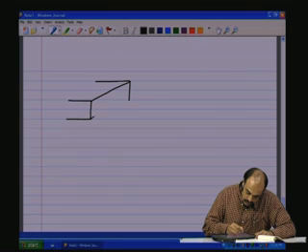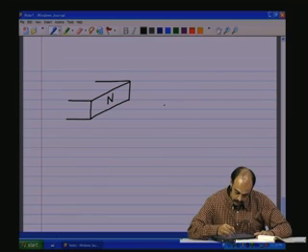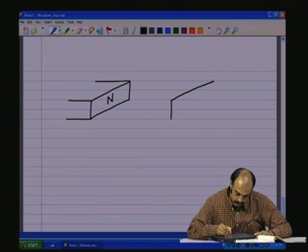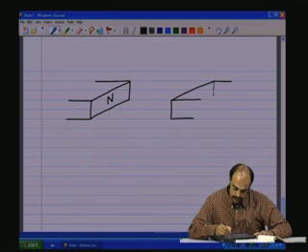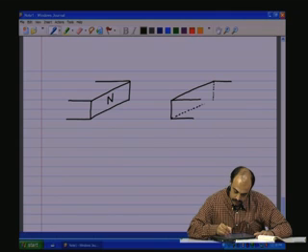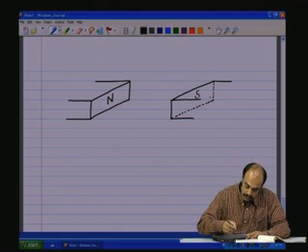So, this is our north pole, and let us have our south pole, so this is our south pole. So, you have flux lines from north to the south.